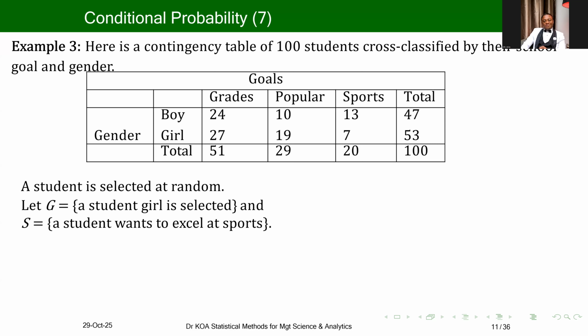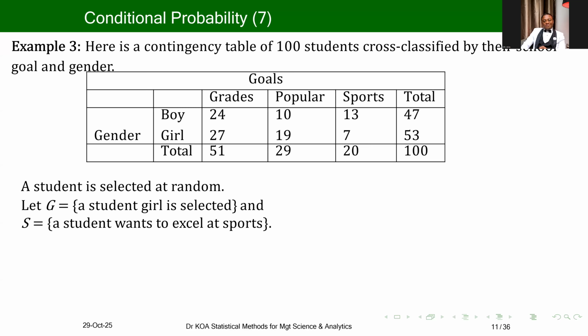Now, to use certain letters to represent things, a student is selected at random. We are using the letter G to represent that a student girl has been selected, and S to indicate that a student wants to excel at sports.